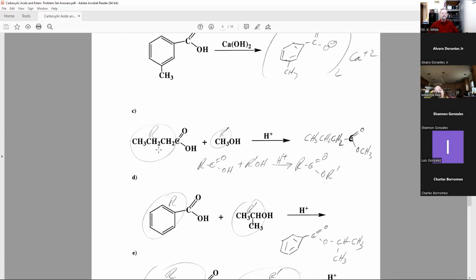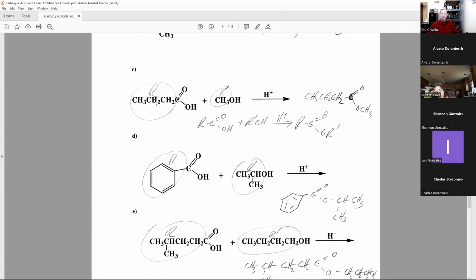Now, let's look at C. What do we have? Carboxylic acid. What are we reacting it with? An alcohol, R prime OH. H plus is the acid catalyst, and this is Fischer esterification.